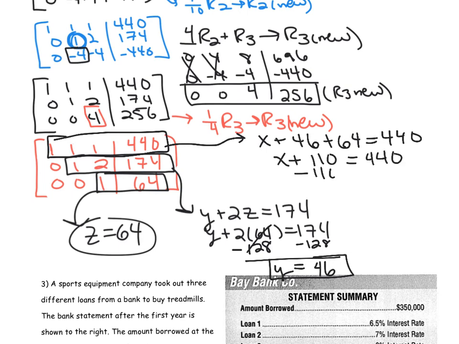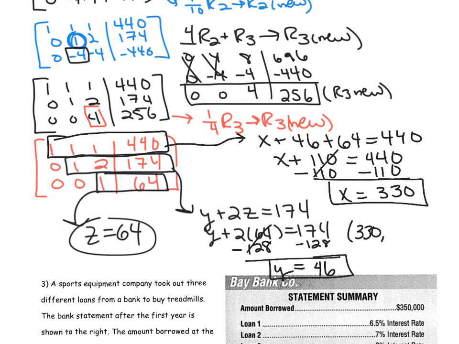When I subtract over 110, we'll get x equals 330. So there you guys have it. I have 330, comma 46, comma 64. There's my final answer. So we know 330 regular tickets were sold. There were 46 premium tickets sold and 64 elite tickets sold.